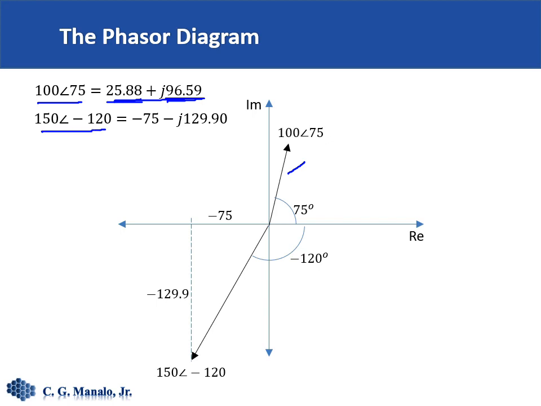Sometimes we draw the length of the arrow as the same as the magnitude of the phasor in polar form, and the real and the imaginary coordinates correspond to the real and the imaginary terms in the rectangular expression.